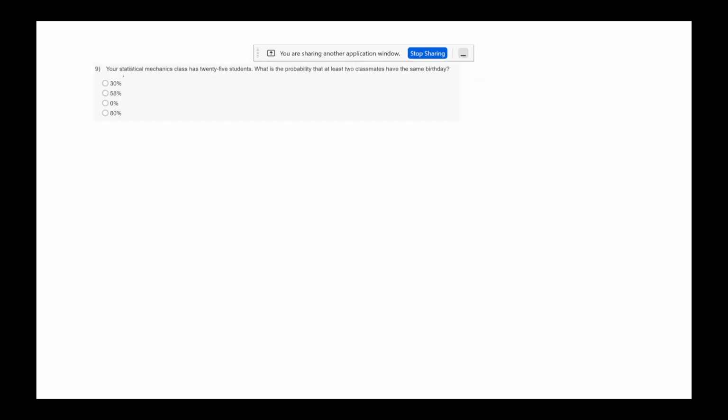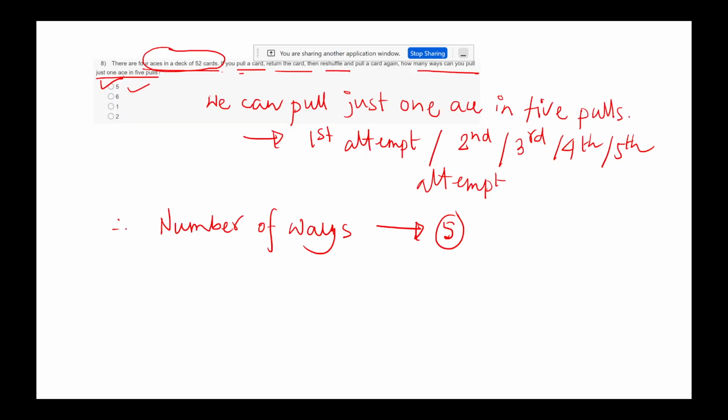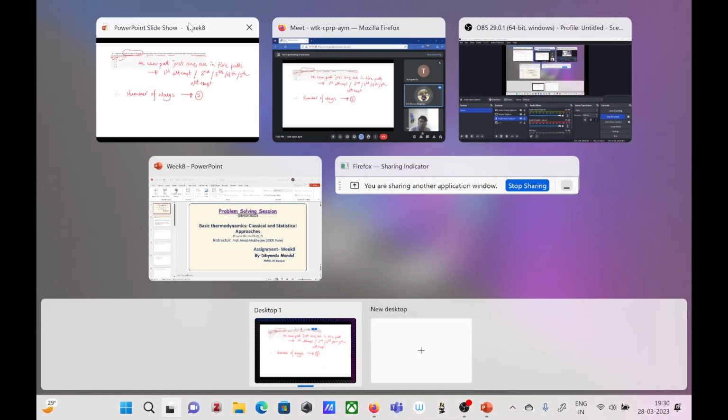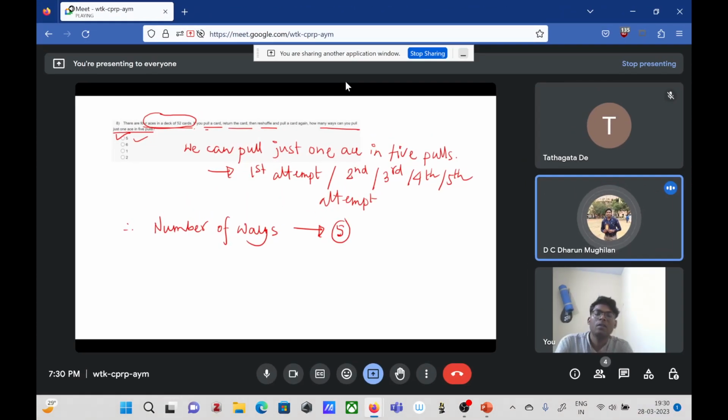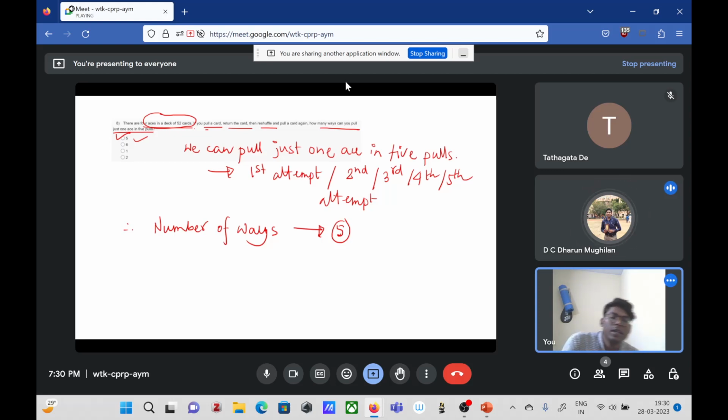Sir, I have a doubt. Yeah, please. Sir, what if the card we took first is the card we need to draw? Like, what is the probability that we will get the same ace? Yes, that is about probability.